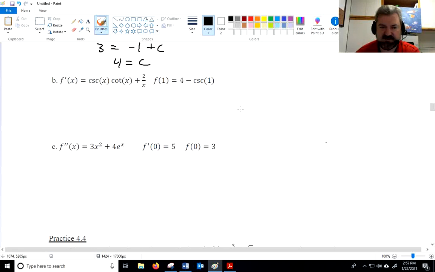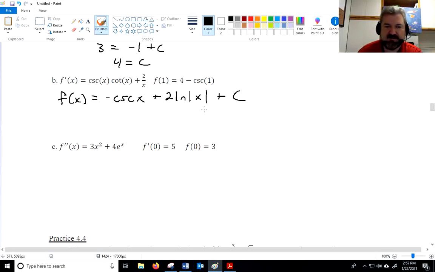All right, let's take a look at our next one. This integral is f of x. The integral of cosecant cotangent is negative cosecant x plus 2 times the natural log of the absolute value of x plus c. And we're told that f of 1 is 4 minus cosecant of 1.